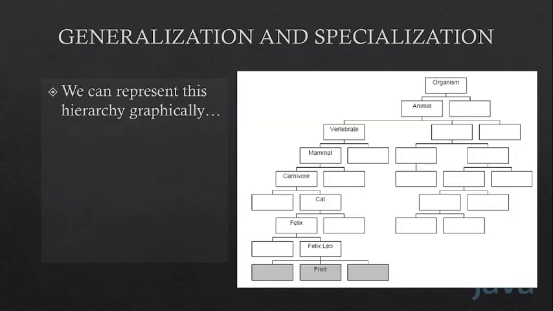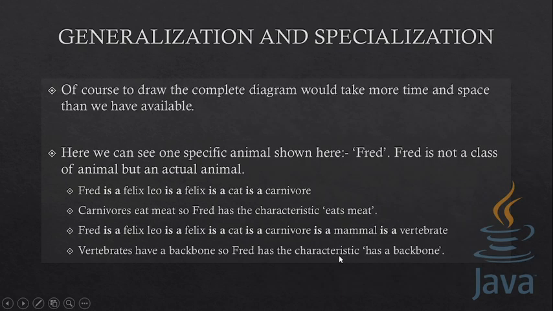Okay, so to see visually what this diagram looks like, at the top is the kingdom, and below, the last part, is the genus. You will notice that we have an entry, Fred. If we complete the diagram, it will take more time and space.